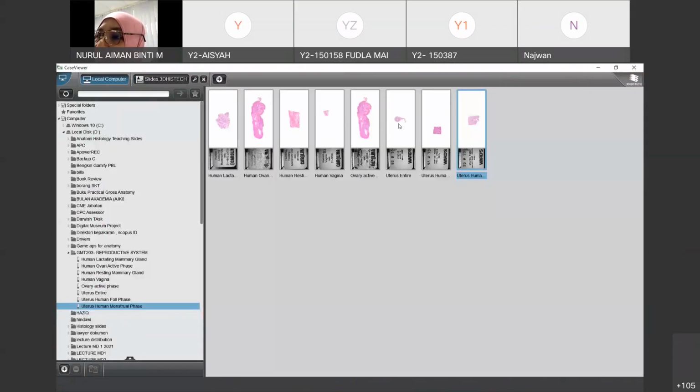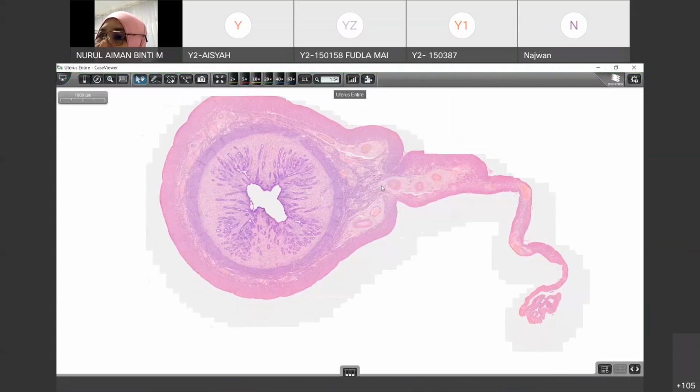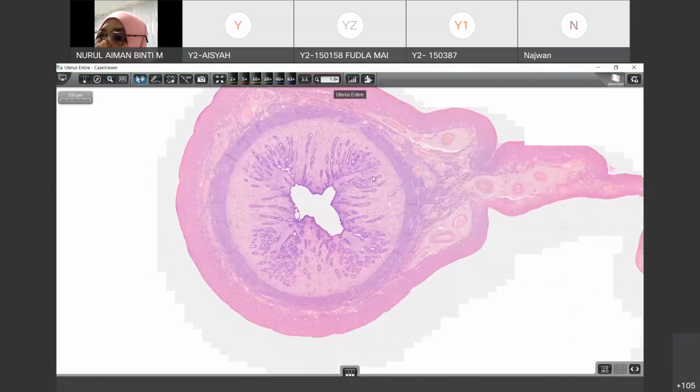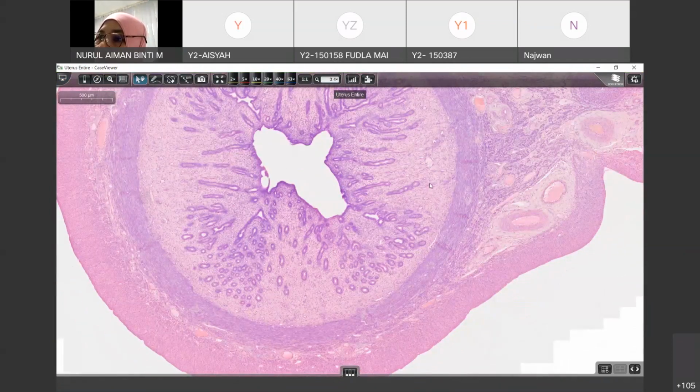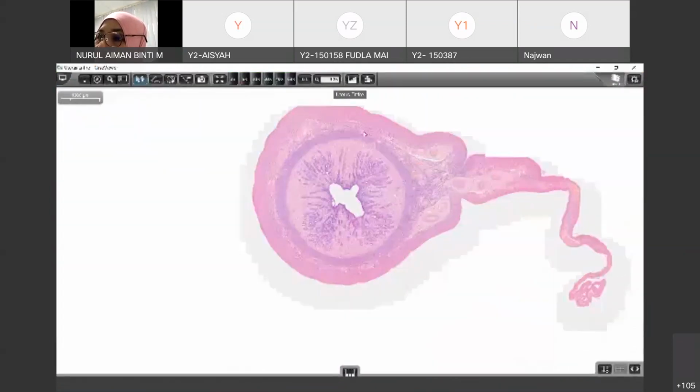The next slide of the human uterus is the cervical region, the cervix. What you can see here is only part of the cervical region. The cervix is divided into two parts. Anyone can answer me? Endocervix and ectocervix. Yes, very good.